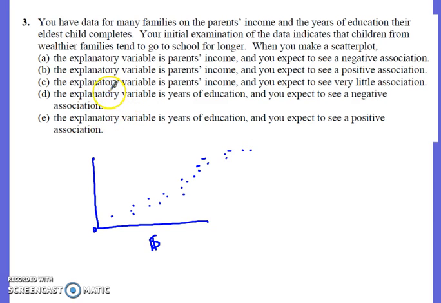So we would think that the explanatory variable would be the parent's income, and there would be a positive association. So their income may explain how long they go to school. So B for number 3.